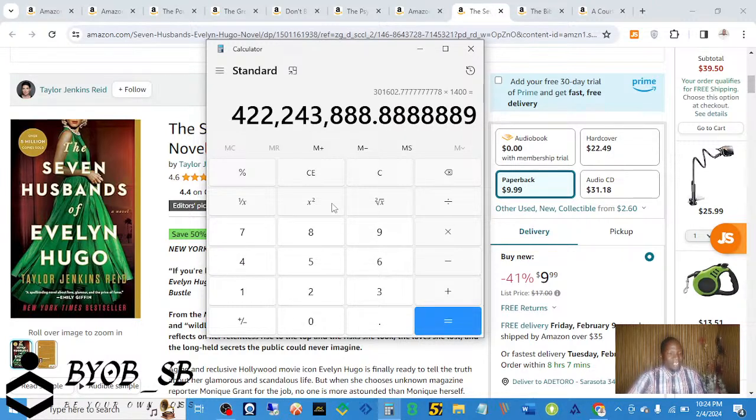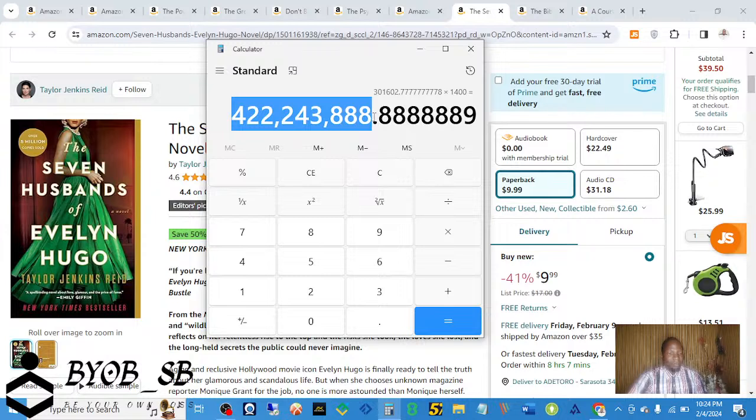I pray God save Nigerians. So this will be about 422 million, oh my God, 243,888 naira. Close to 500 million naira on a monthly basis.